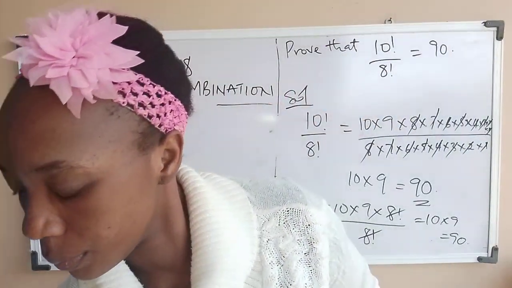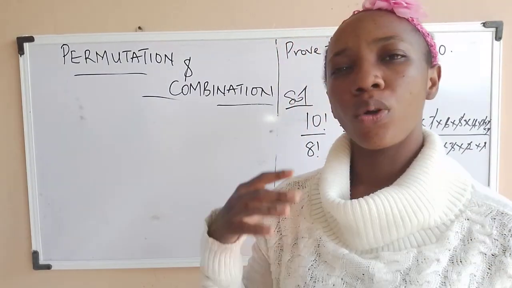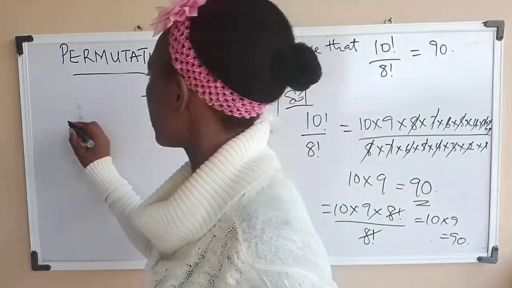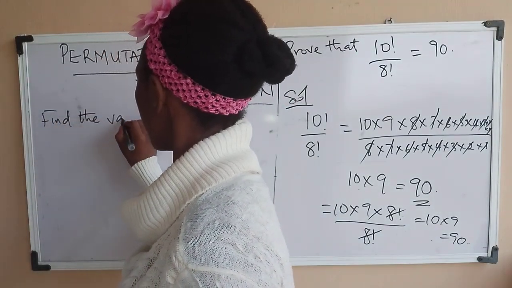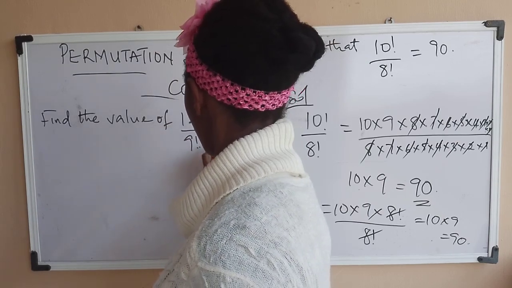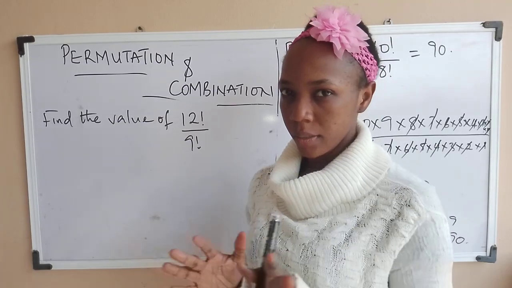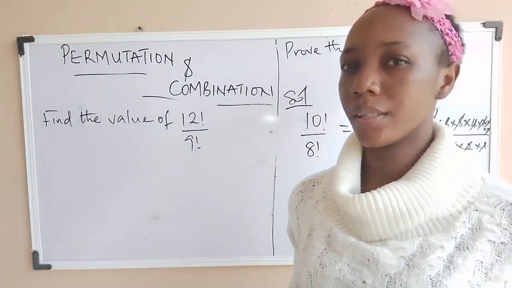All right. So the second example, they said, find the value of 12 factorial over 9 factorial. Either you use the long method or the short one, you're still going to get the same answer.